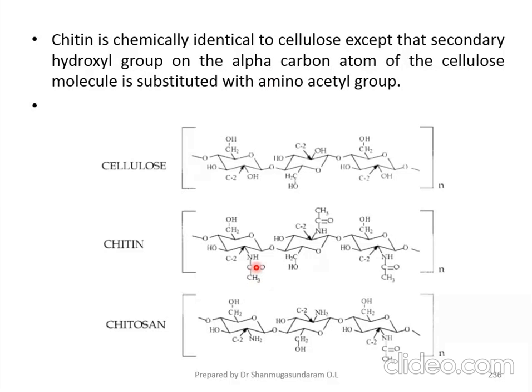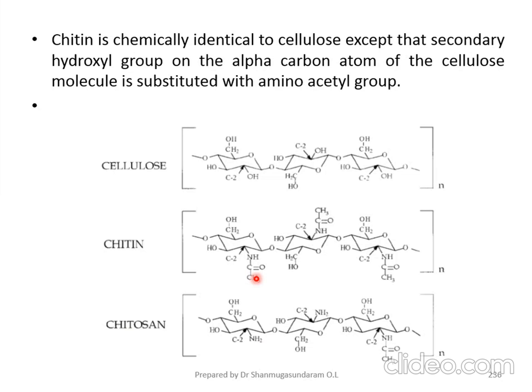This is your acetylamino group. Whereas in your chitosan, amino group is there. So you are removing the acetyl group in the process of deacetylation. So ultimately it has only the amino group, that is NH2. So it is just a replacement of one hydroxyl group in cellulose.